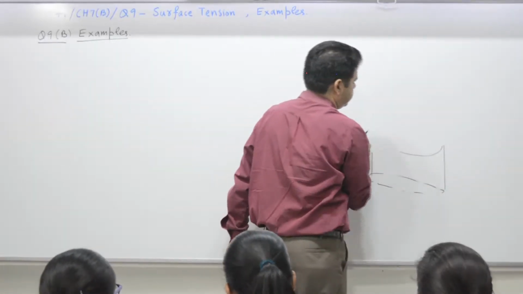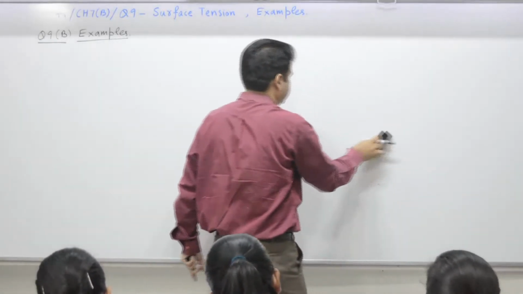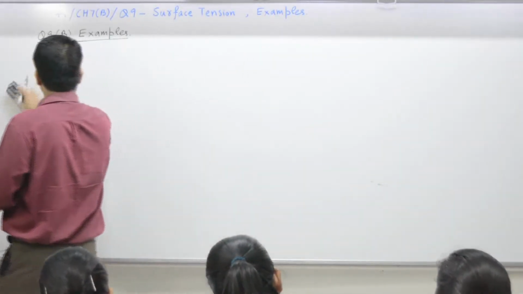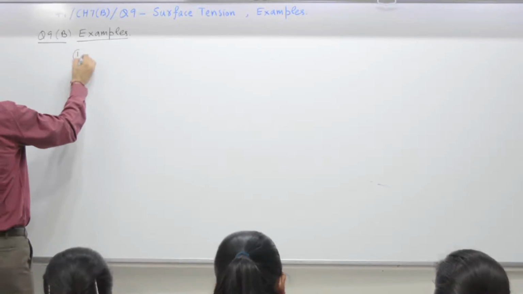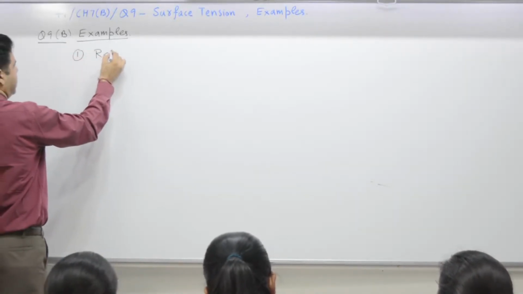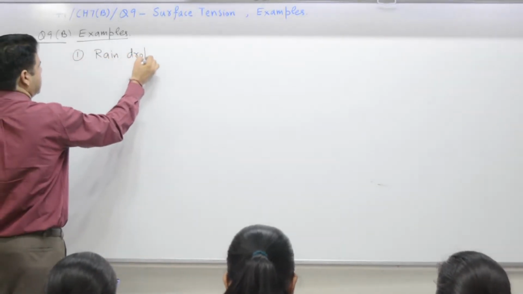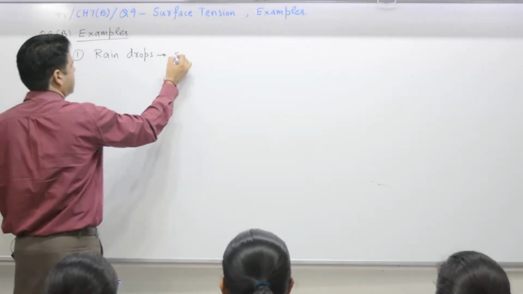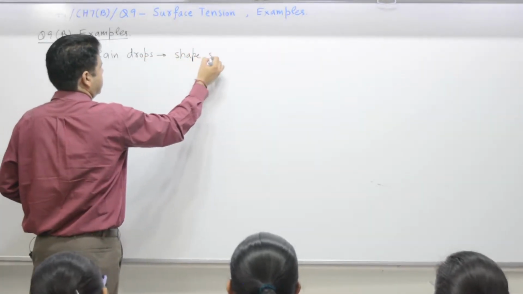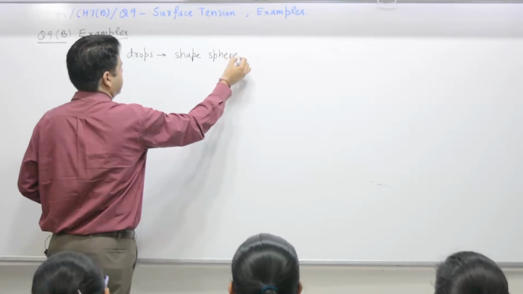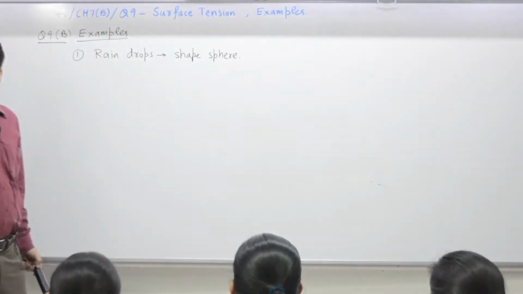Examples. One is raindrops. Shape is what? Sphere, spherical shape. Why not cube?